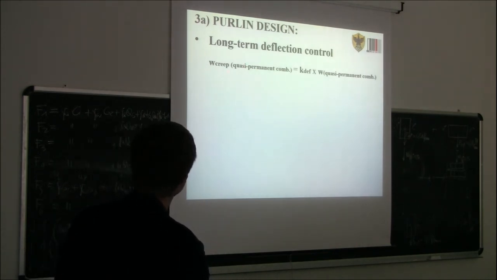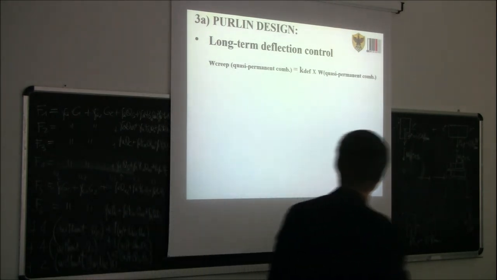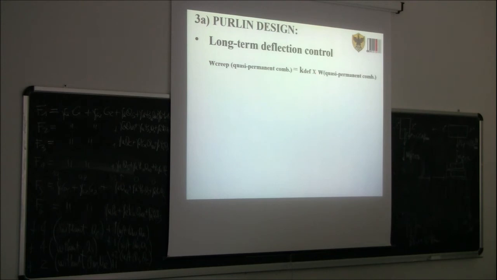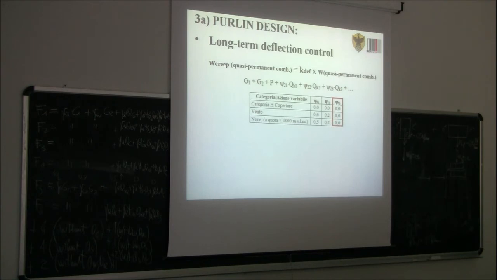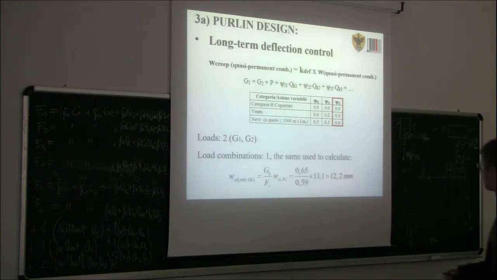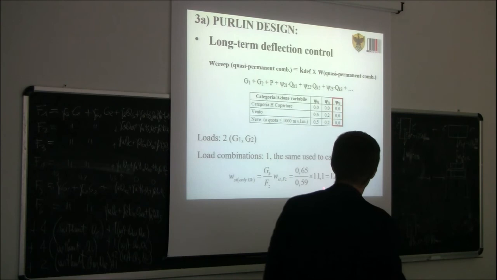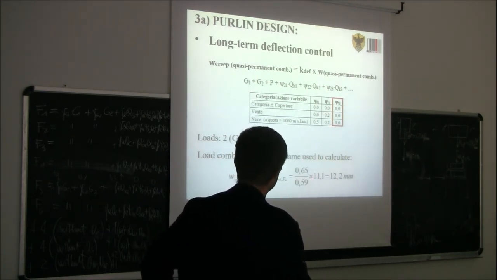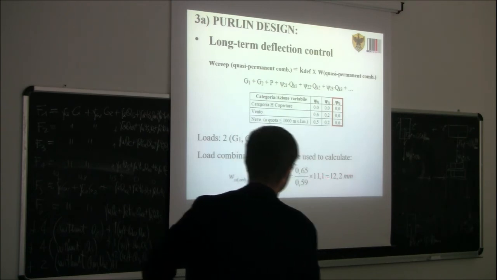Now we calculate the creep deflection due to the quasi-permanent load condition. This will be Kdef, the creep coefficient of timber, times the instantaneous deflection due to the quasi-permanent load condition. Psi 2 we said is 0 for any variable load. So in the end we have only G1, G2, and the short-term deflection due to only permanent loads is 12.2 millimeter, the one we have just calculated.